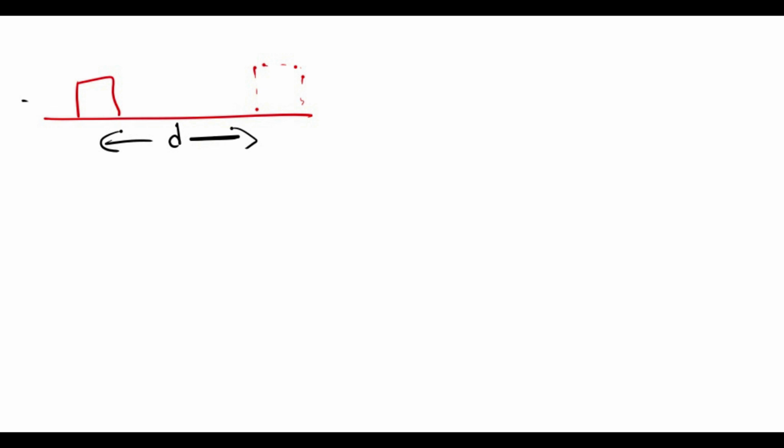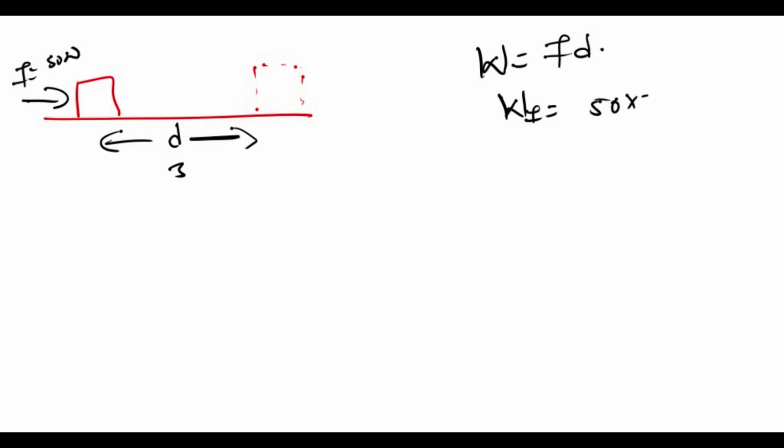You are pushing this object with a force, so the work done by this force is given by force times distance. Let's assume that the force is 50 newtons and it has moved a distance of 3. Therefore, the work done by the force is 50 times 3, which is 150 joules, not newtons.